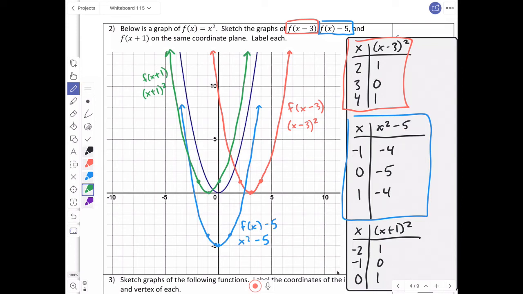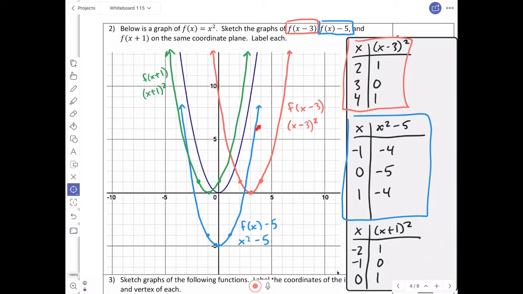Cool. So here you can see that x values 1 less than the values in f of x make the same outputs. So all these x values moved left to make the green function. Here in blue, when I use the same inputs, I get outputs 5 less.